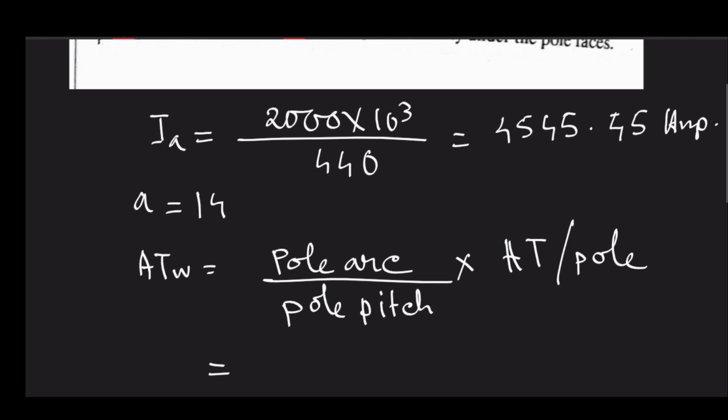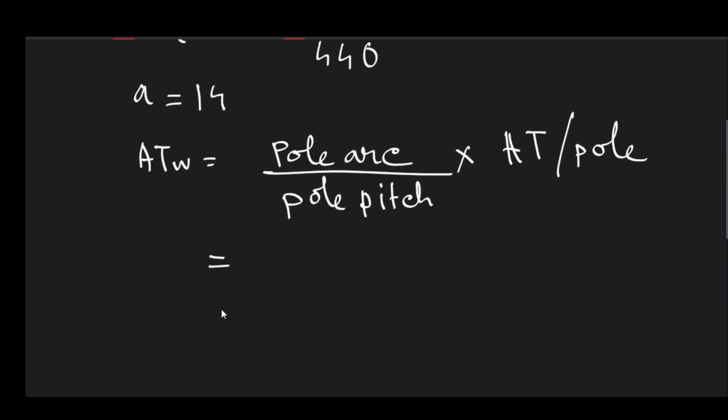So pole arc by pole pitch is equal to how much? That ratio is given, it is 0.68 into 1100 Z into 4545.545.